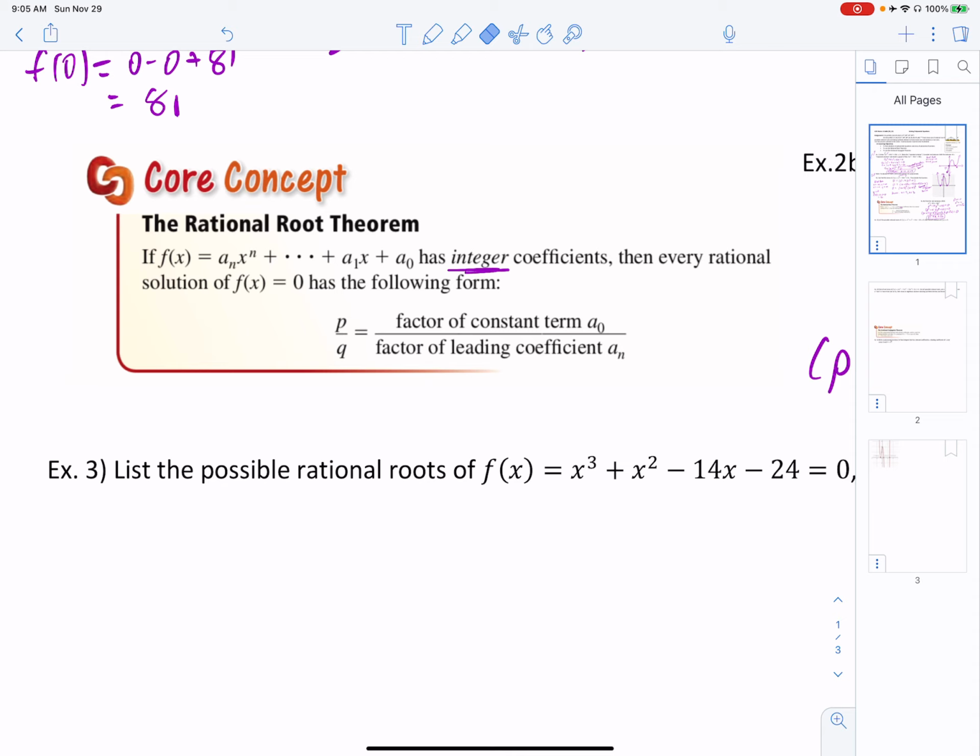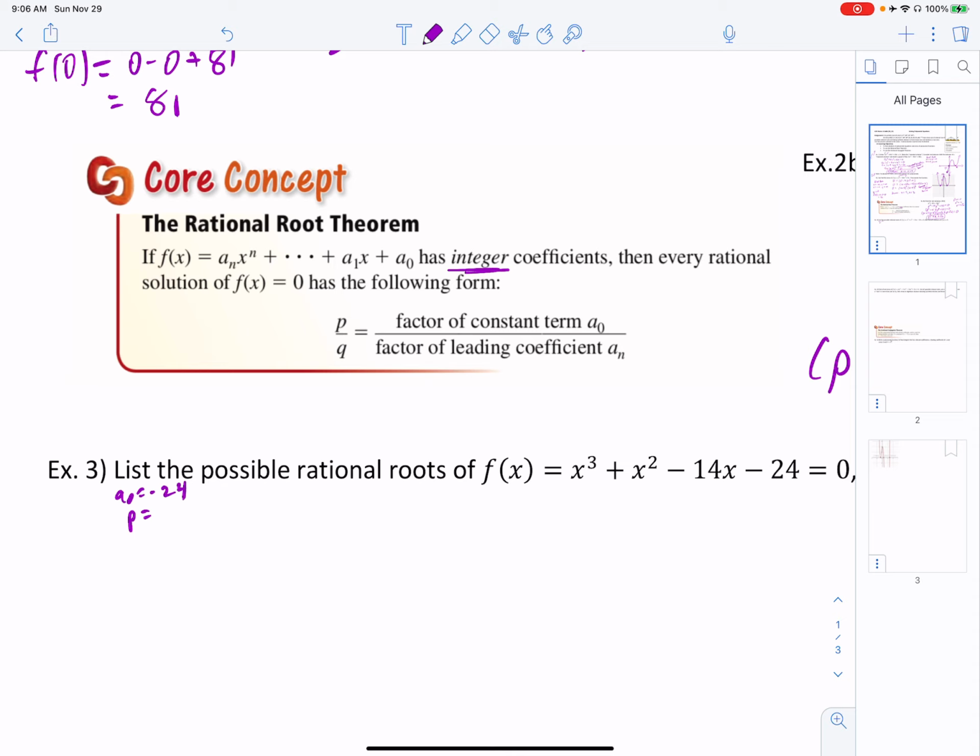Those are rational numbers. And it just happens to be that the rational solutions are the ratio of p to q, where p are factors of the constant term. So if we look at example 3, p in this case is that -24, or the constant is, I should say, -24.